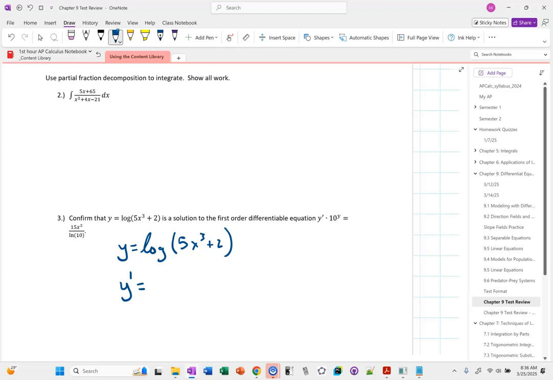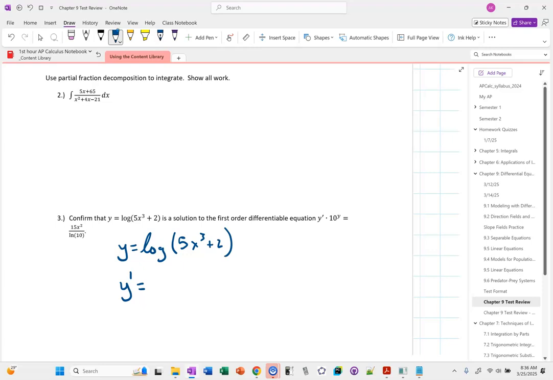What is the derivative of log of 5x cubed plus 2? To do that, we need to do a chain rule.